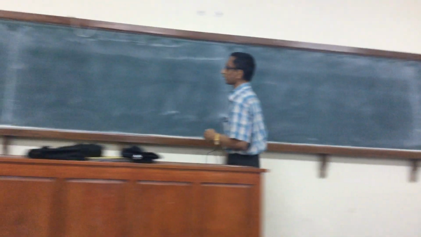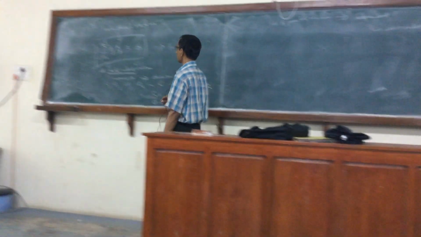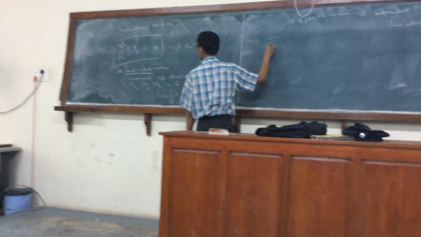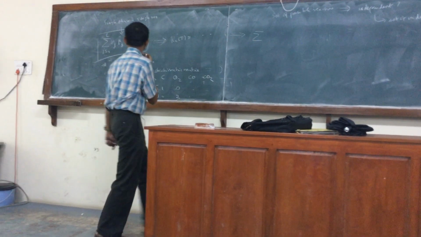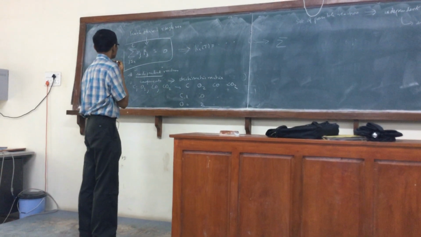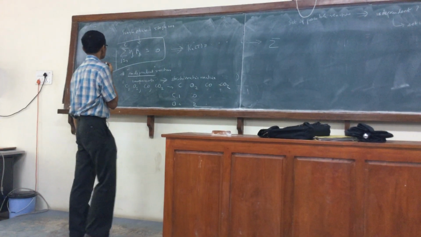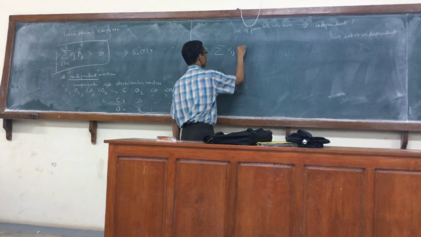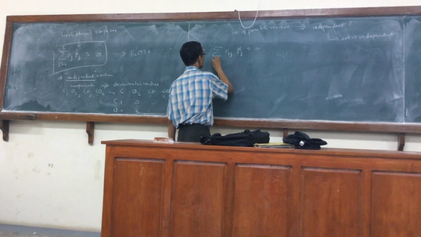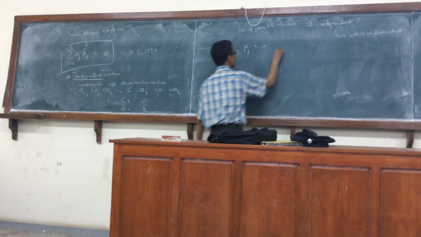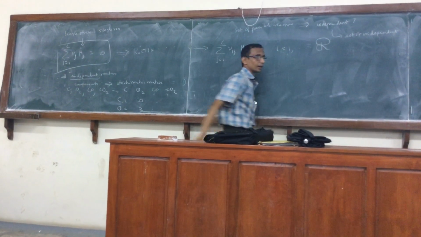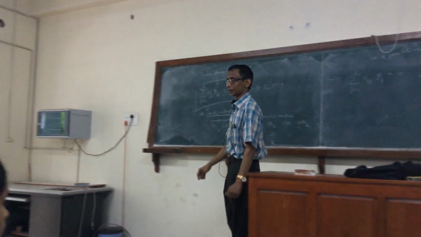So when you do that, the criterion will become something like this: sum over, a very easy generalization, for reactions i equal to 1 up to, let's say, R, where R is the number of independent reactions.